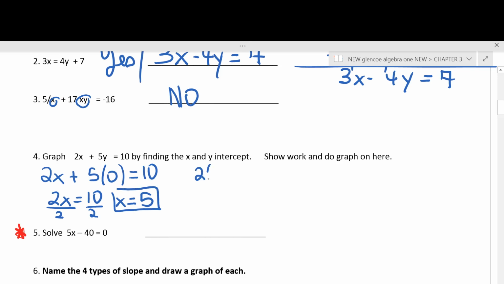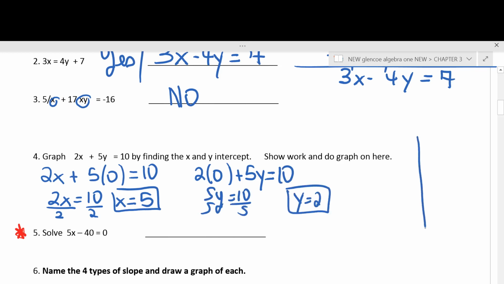To find the y-intercept, you let x equal 0 and solve for y. And you get 5y equals 10. Divide each side by 5, and you get y equals 2. To graph an equation like that, you graph the x-intercept on the x-axis, which is x equals 5, the y-intercept on the y-axis, and then you draw a line.